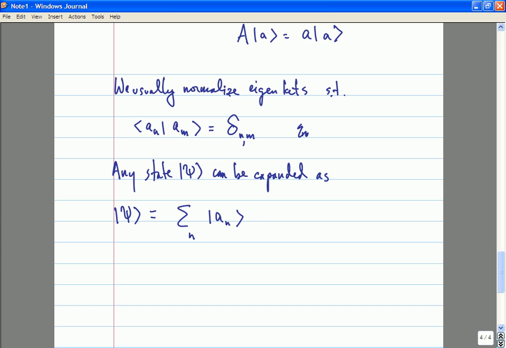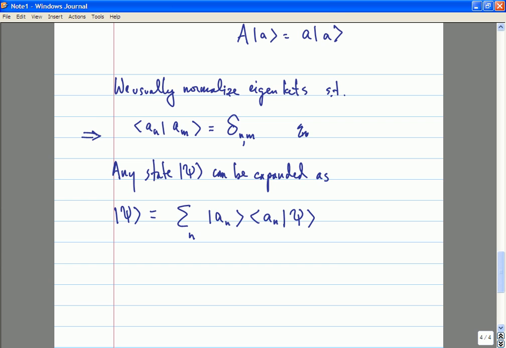And if these states are normalized in the way that I have drawn up at the top of this page, then the number which appears in this linear expansion is just the inner product of psi with the bra corresponding to the eigenstate.